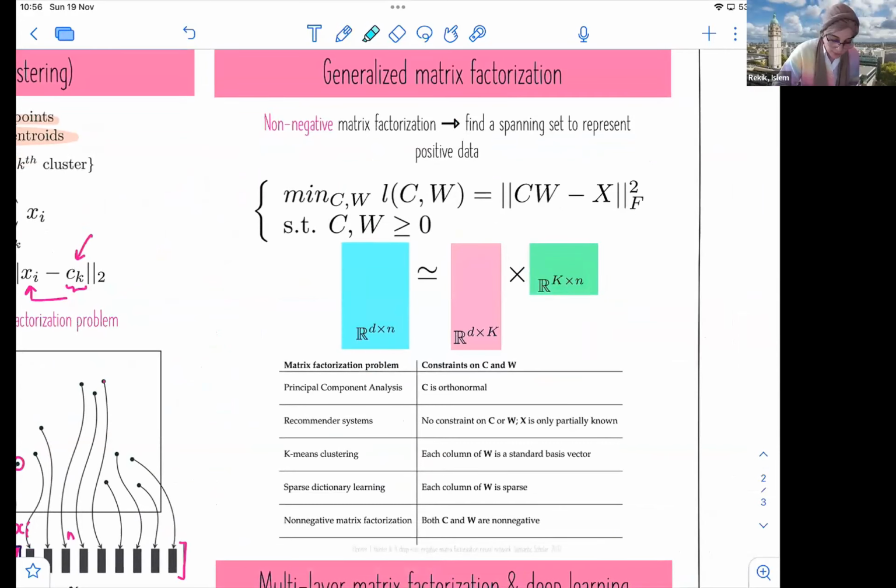A particular case that we have seen is what we call non-negative, which means you factorize the matrix where you try to find a spanning set to represent only positive data. So X is positive, which means C and W should be positive. So we have the constraint subject to C and W matrices are positive.